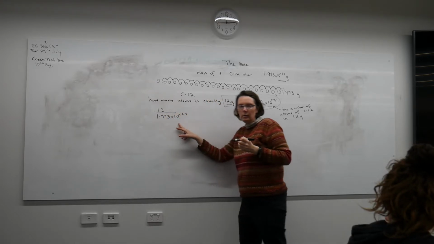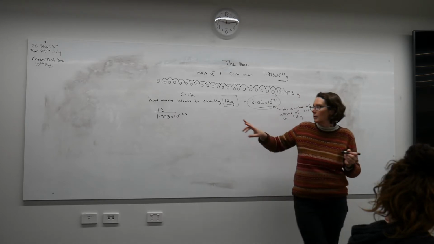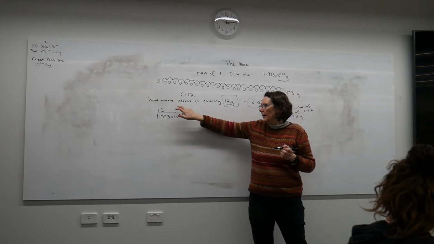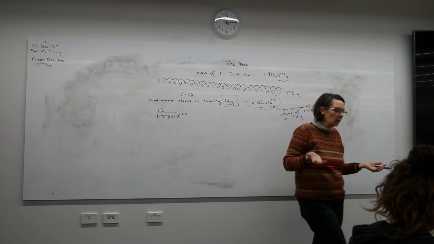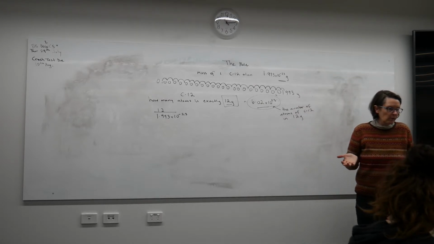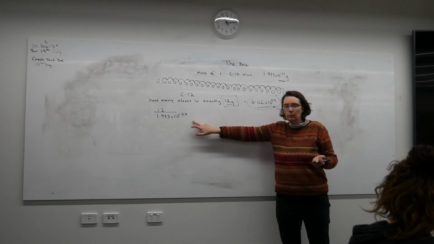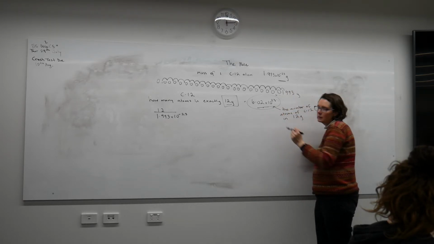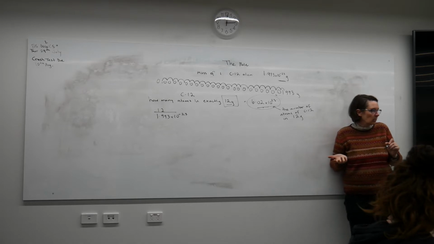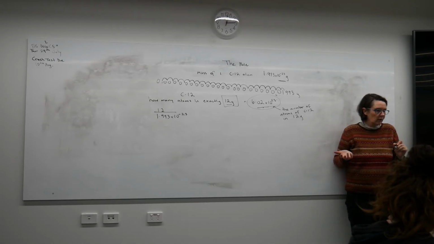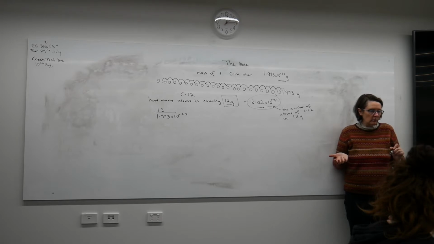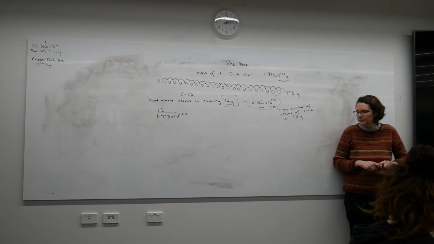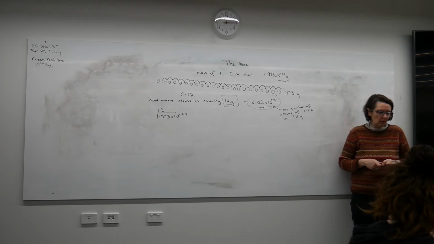So if each atom weighs that, and I want to find out how many atoms there are in 12 grams, I would divide the 12 by that, and it gives me this there. That's the number of what? That's the number of atoms in 12 grams of carbon-12. Does that make sense? Okay.